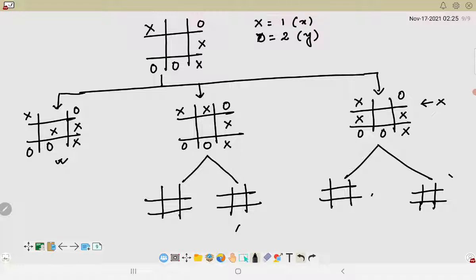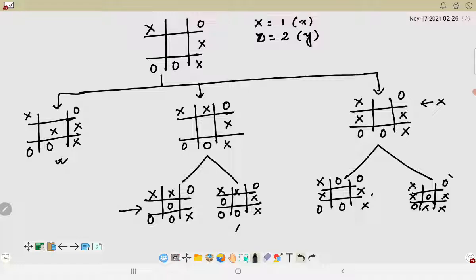So y's move will be 0, so 0 could be placed here, which would help to win the game, and 0 could also be placed here, which will go ahead with a different representation for winning. We will see that. Here also similarly we can place the values and find out if we have achieved the winning move or not. So this is basically y's move.